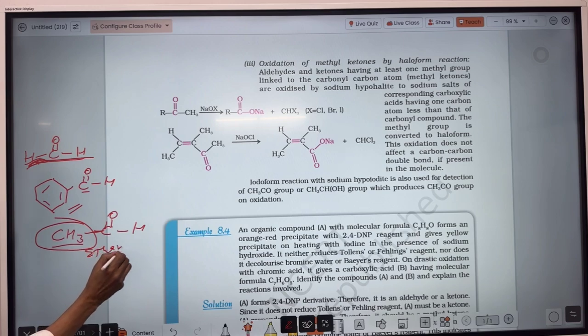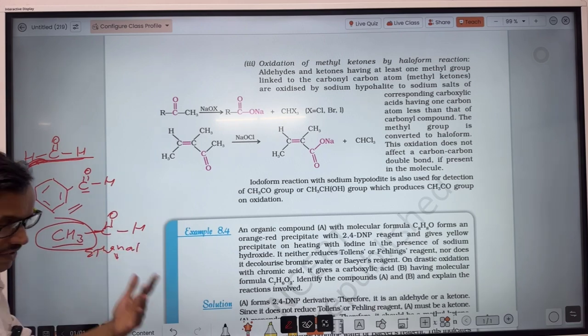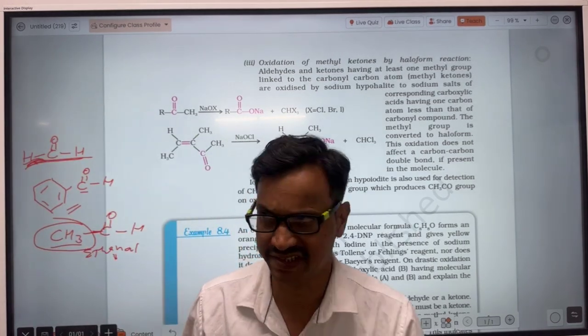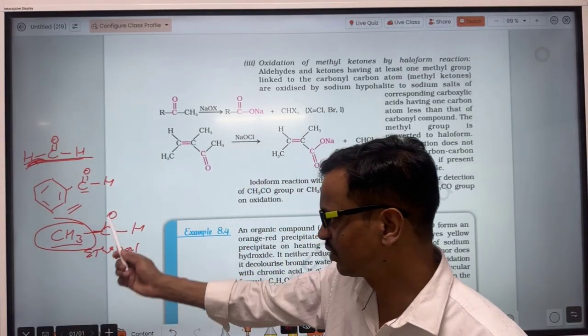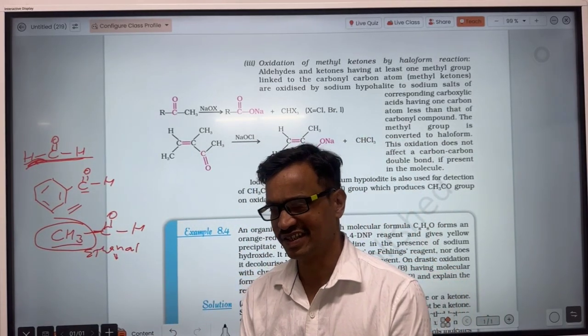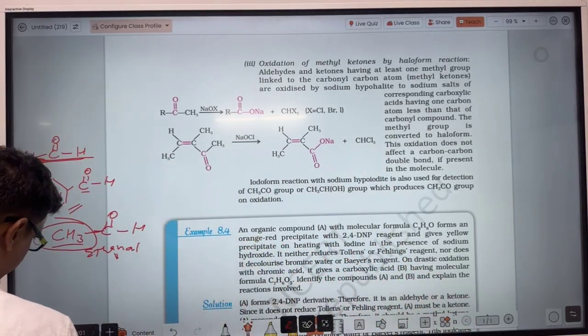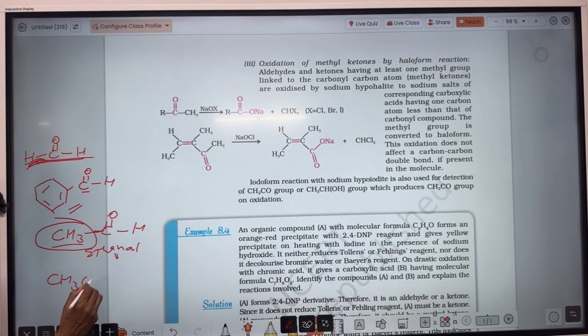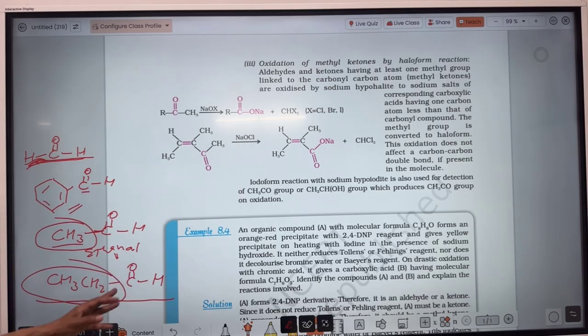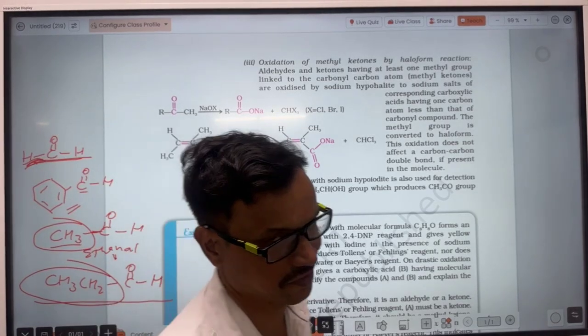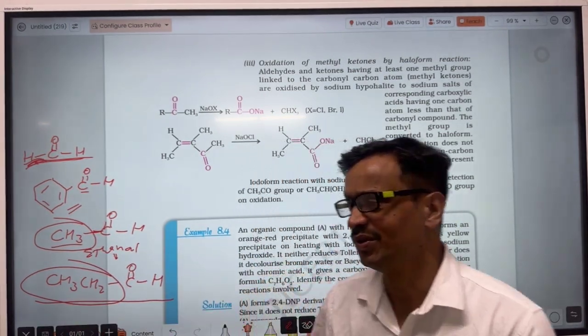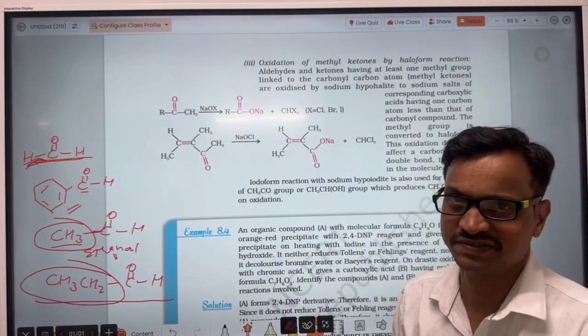So that means ethanal will show the haloform test because there is a methyl group bonded to the carbonyl carbon. Then if the compound is this one, it will not show the haloform test because there is an ethyl group bonded to the carbonyl carbon and not a methyl group. So this compound will also not show the haloform test.